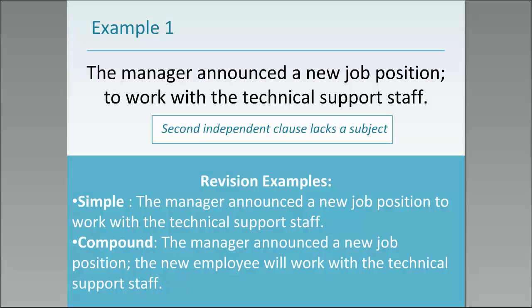We could also add a little more information and make it a compound sentence. "The manager announced a new job position; the new employee will work with the technical support staff." So just remember that as you are revising sentences, it's very rare that there's only one way to fix something. Often you can adjust the wording, add or subtract words, change punctuation, and revise it in various ways.